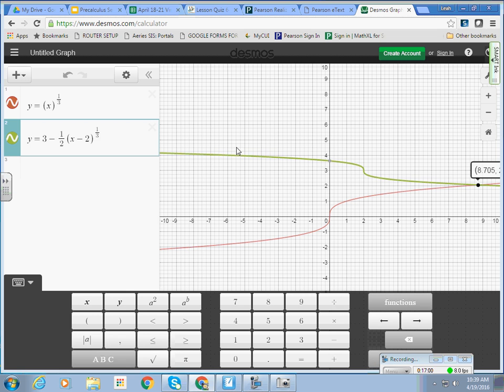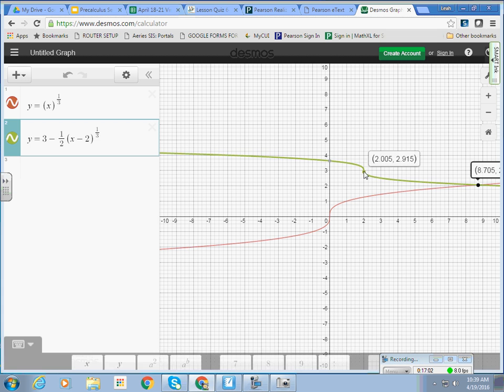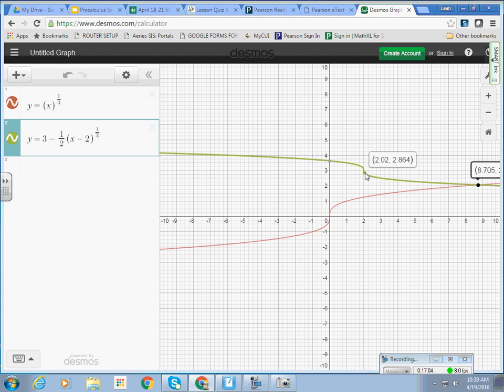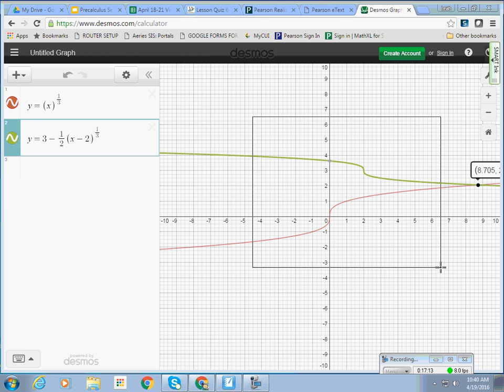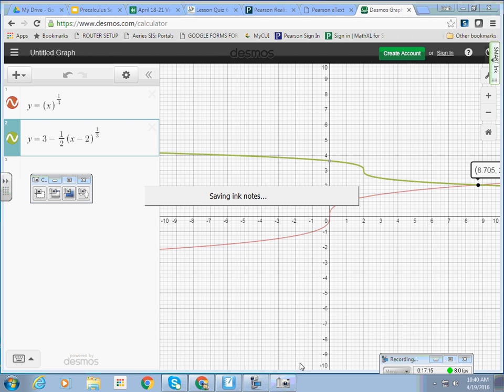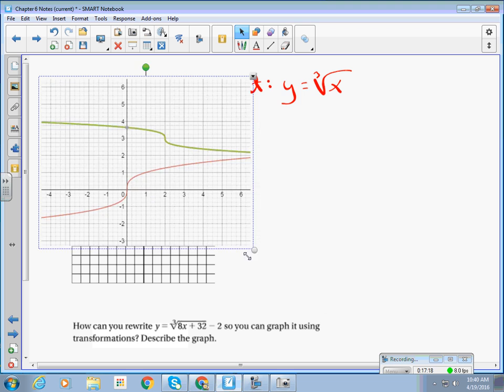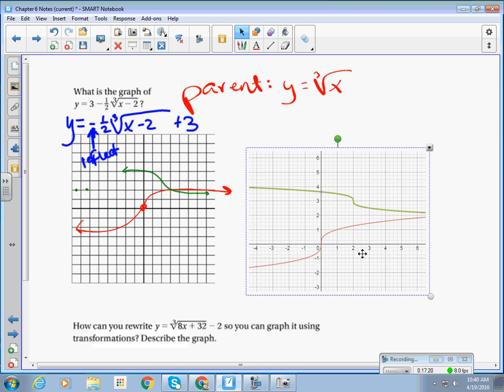All right, so it goes up, has its little moment right here, and comes back down. So let's take a peek and compare it to our, we'll take a little snip of it and compare. Not too bad. All right. So we're using the translation properties just on roots now.